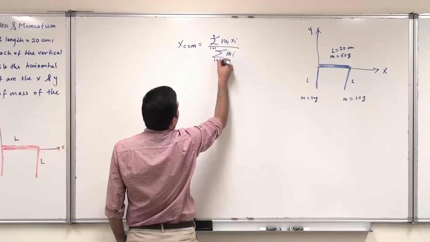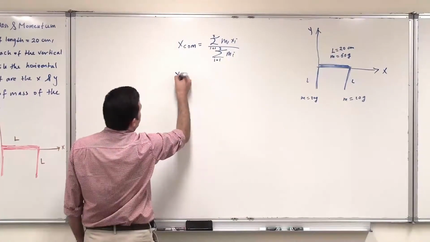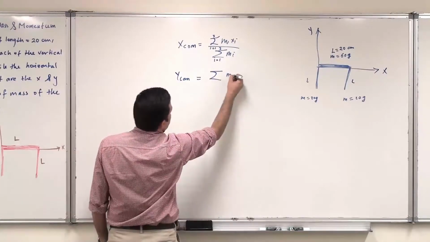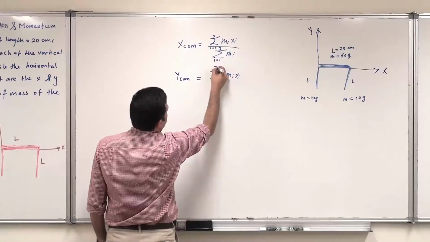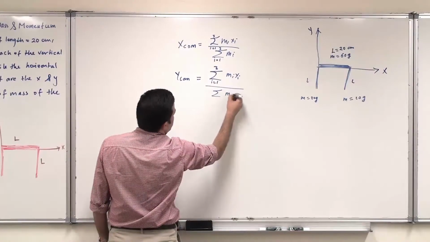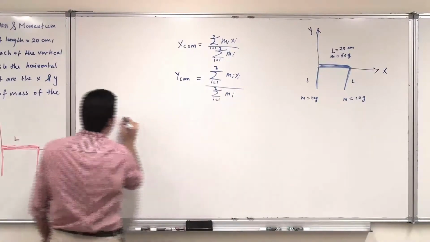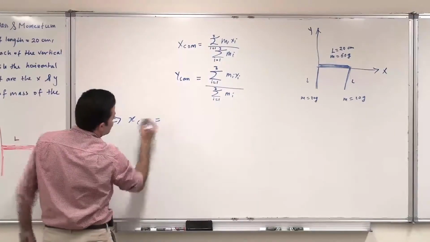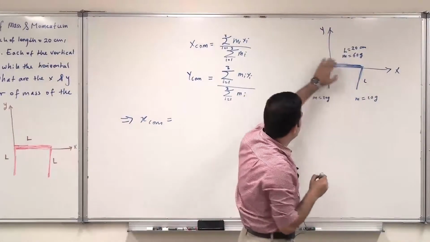Similarly for the y center of mass, which is sigma m_i y_i from i equals 1 to 3, divided by the summation of all masses from i equals 1 to 3. So we find each mass and its x coordinate.